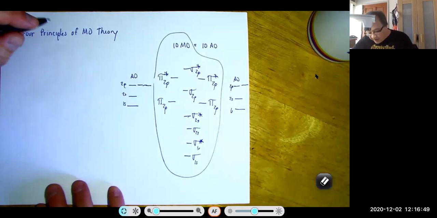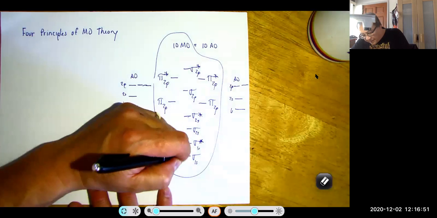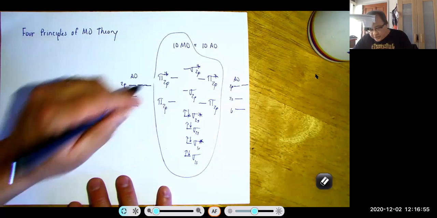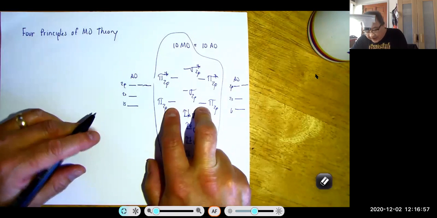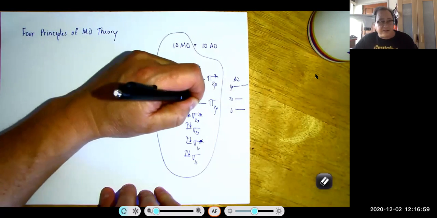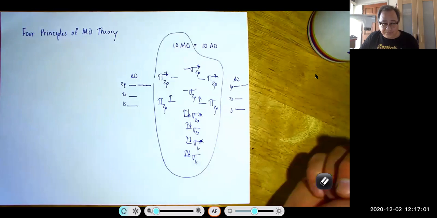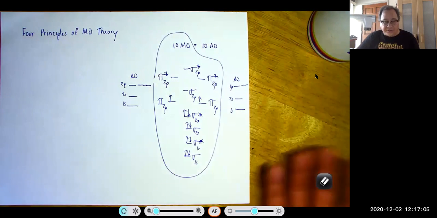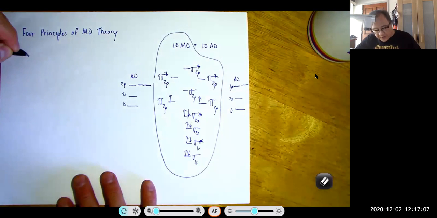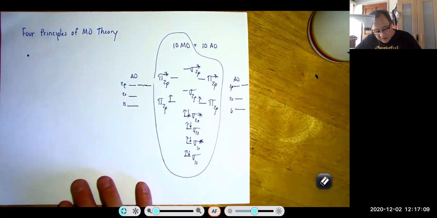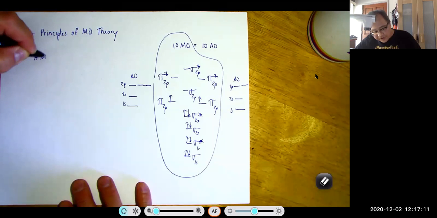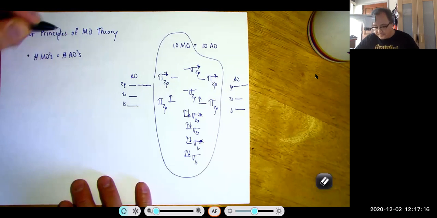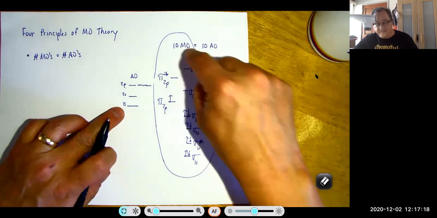And if we were to put electrons in here, we'd start at the bottom. And when we get to 2 orbitals that are the same energy, we would split the electrons and put 1 in each. Okay, so you might be wondering, why the heck is he doing this when he wants the principles? Well, the principles of MO are the number of MOs equals the number of AOs. 10 and 10.